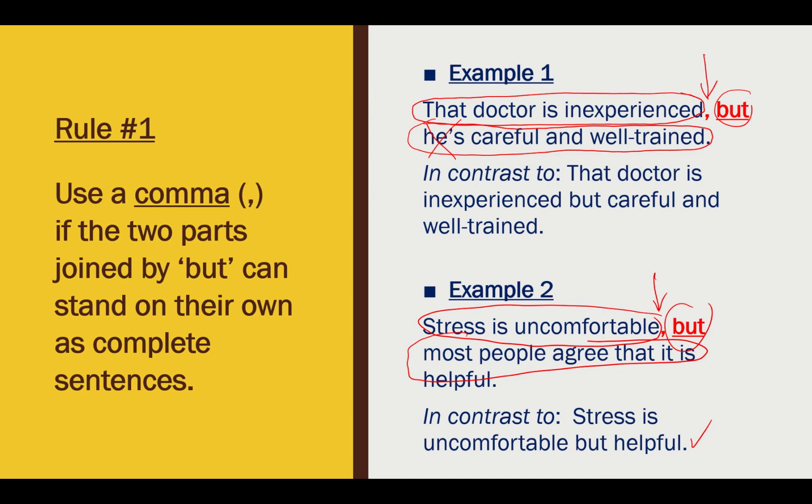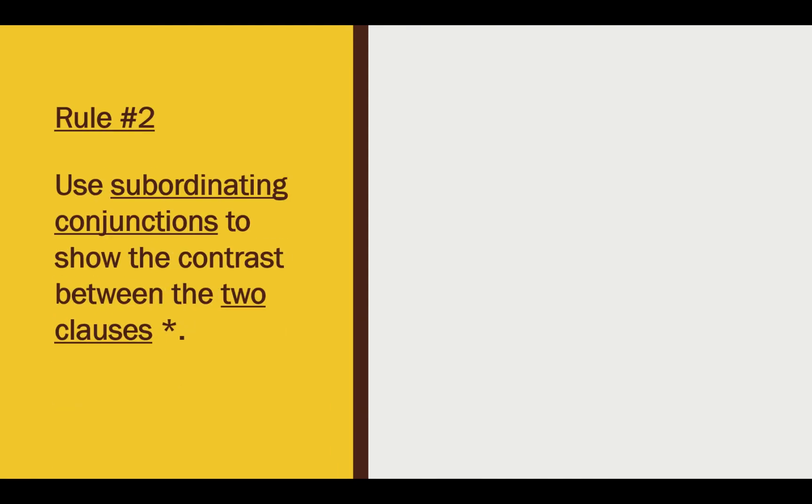Right, let's continue with rule number 2. Use subordinating conjunctions to show the contrast between the two clauses. Before I share three examples with you regarding this rule, perhaps some of you may not know the meaning of clauses.